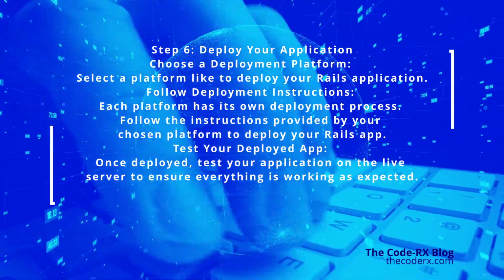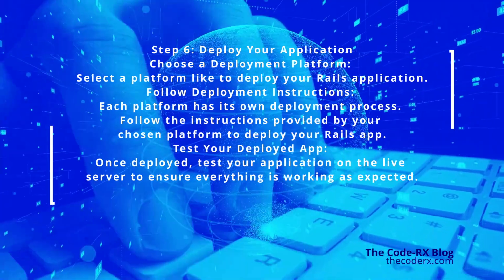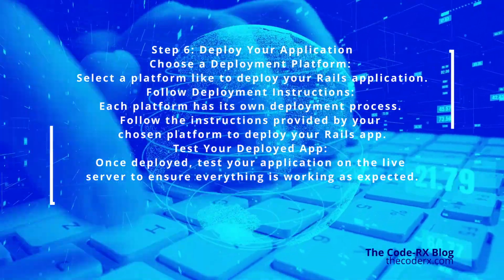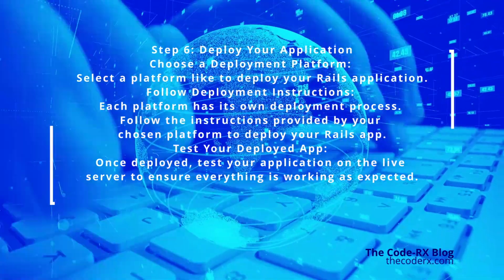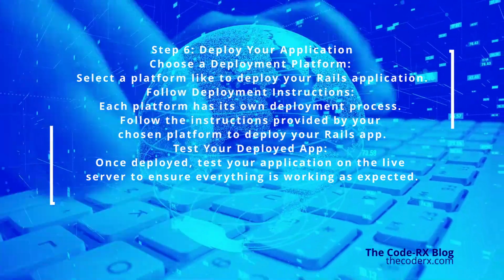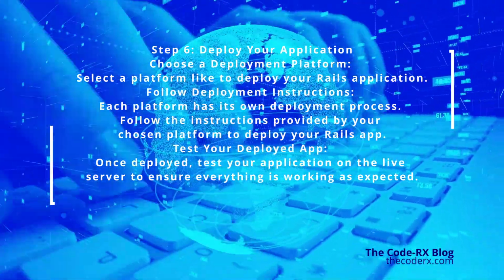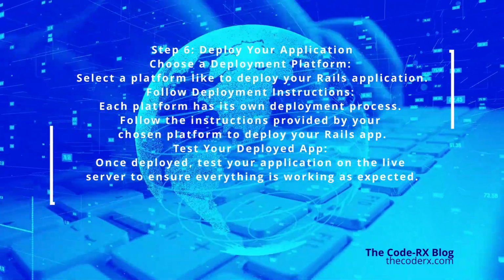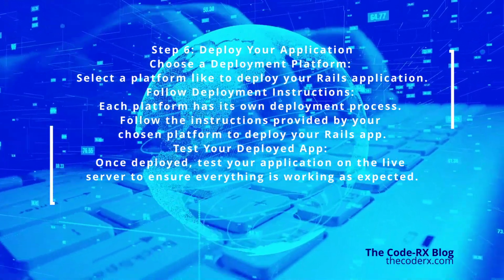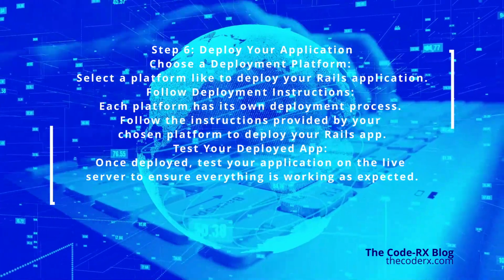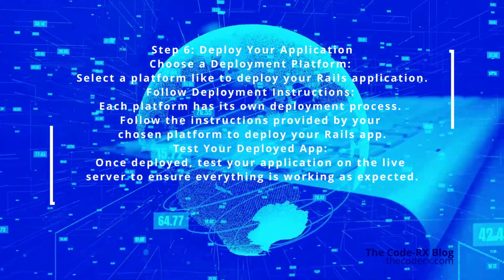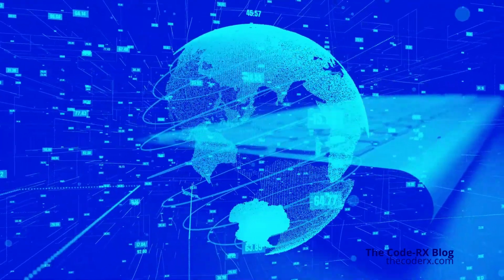Each platform has its own deployment process, so follow the instructions provided by your chosen platform to deploy your Rails app. Then lastly, test your deployed app. Once deployed, you can test your application on the live server to ensure that everything is working as expected.